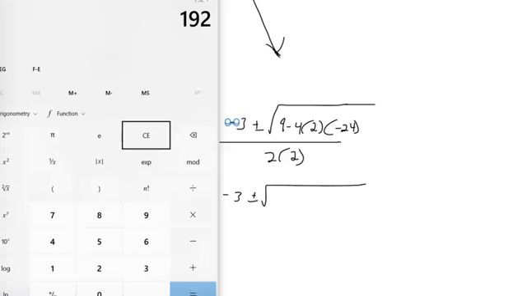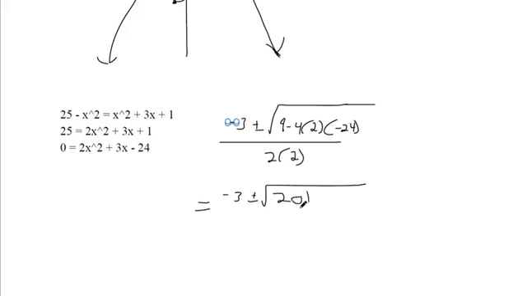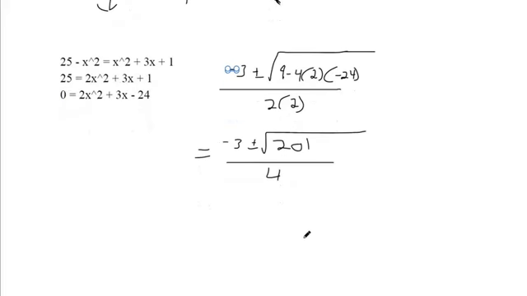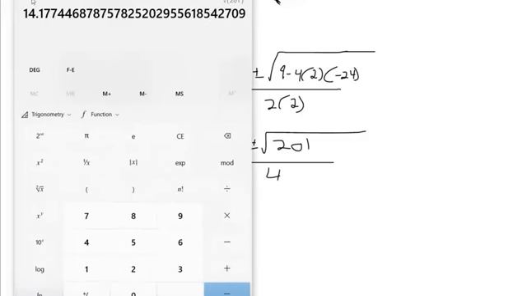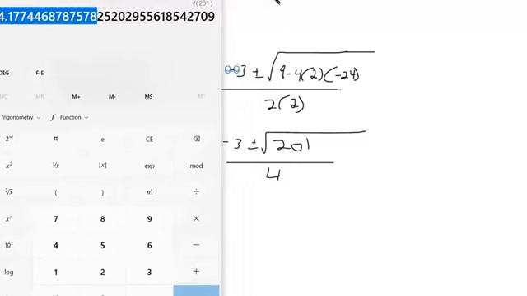So subtracting a negative 192 means you're adding, so you get 201 inside the square root. The square root of that is 14.117, and a bunch of other numbers.